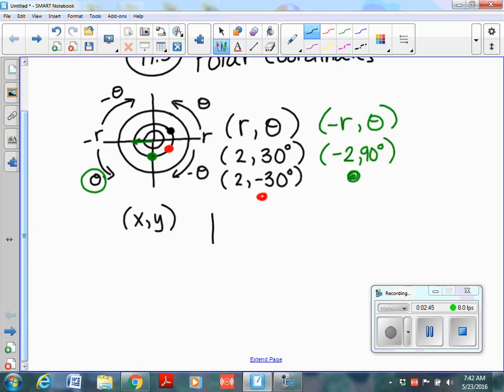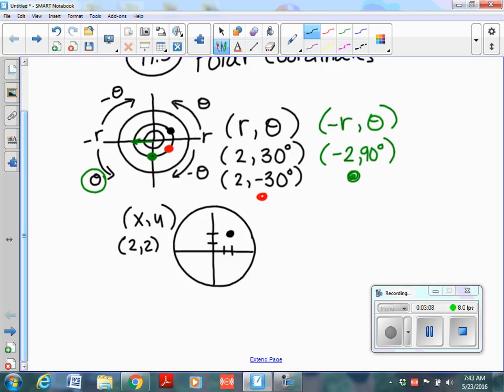So if I told you to graph 2 comma 2, I go over 2 and up 2. If I put this graph on top of that, they're very, very similar, in the same spot.